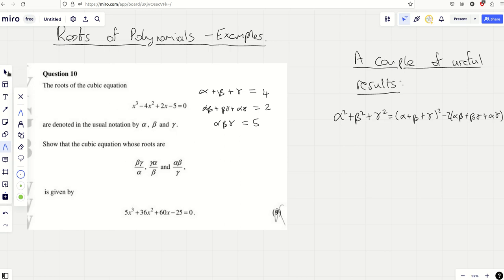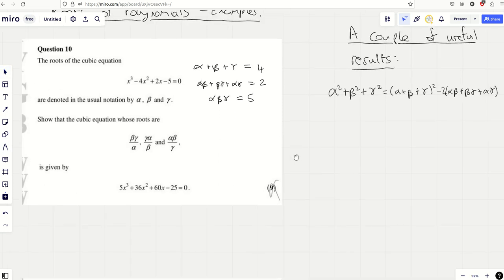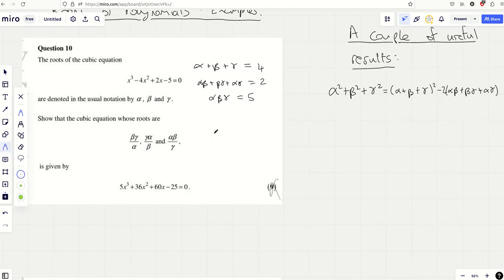But actually, maybe it's better to start off on the tougher ones. So if I want it to have these roots, then the sum of them, which is beta gamma over alpha, plus gamma alpha over beta, plus alpha beta over gamma, should equal minus b over a, shouldn't it? So this is a way of establishing what minus b over a is. If we think about how we're going to add these, we need a common denominator, so this needs to be multiplied by beta gamma, which is what's on the top, so that's going to become beta gamma squared.